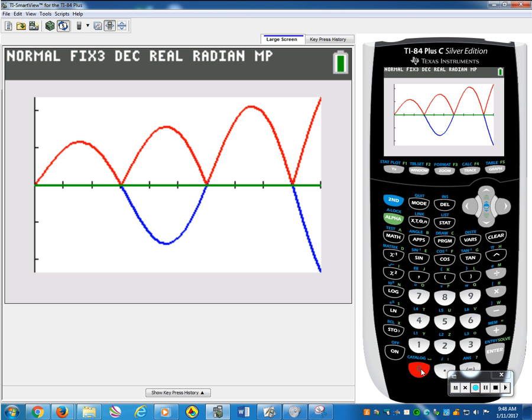Do we need help? I think it's working. Don't use this graph.